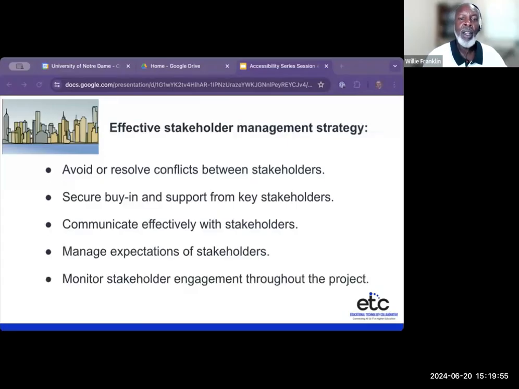The last 2 points on effectively managing the stakeholders is managing expectations. Nothing infuriates me more than sitting in and being a part of a project where there is not a clearly articulated vision. In other words, a start point and an end goal, what I can expect at the end.